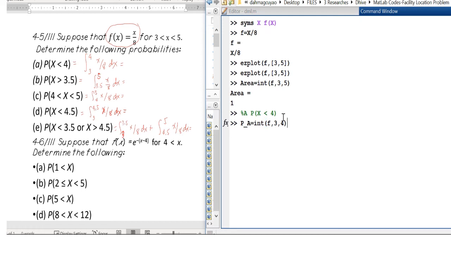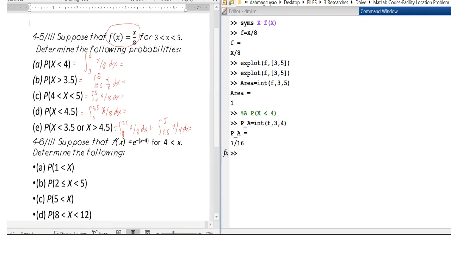Take note that this is not symmetrical. So we have 7 over 16.